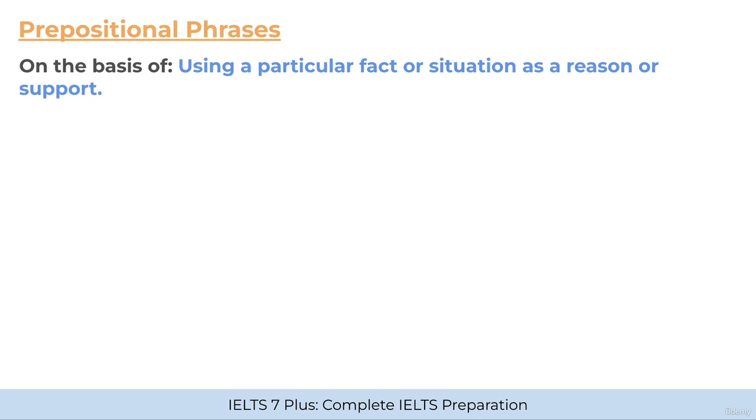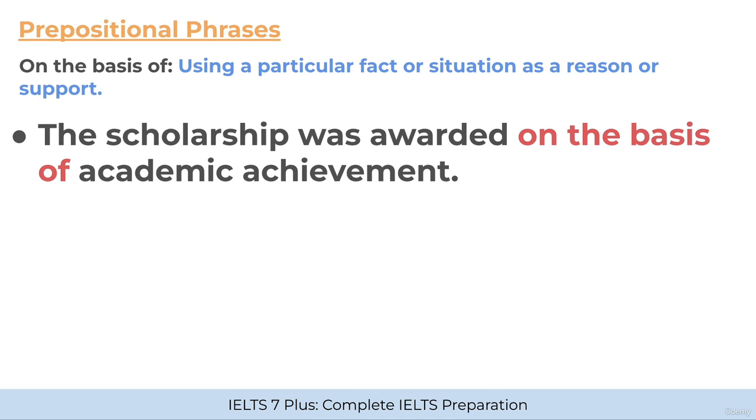Another phrase which is really useful, on the basis of, and this is using a particular fact or situation as a reason or support. A general one, the scholarship was awarded on the basis of academic achievement. So how did they figure out who the scholarship was for? Well, they used the academic side to help, on the basis of.